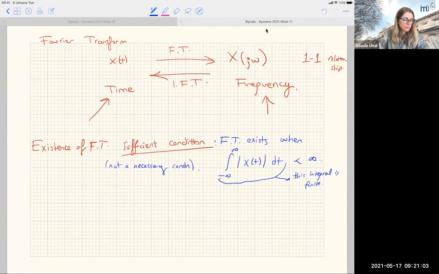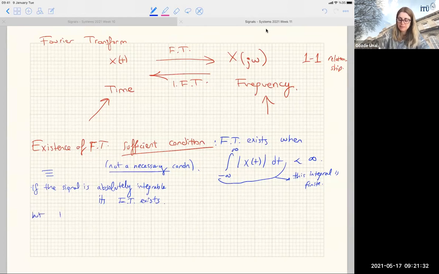Okay, it's not a necessary condition. What this says is, if the signal is absolutely integrable, I know definitely that its Fourier transform exists, but it's not a necessary condition.